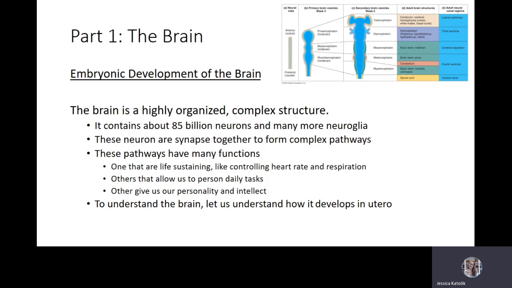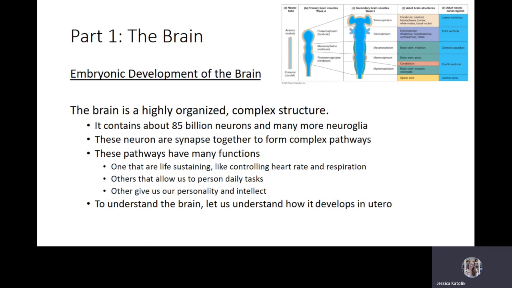And because of these complex neural integrations and pathways, we're able to do things such as control our heart rate, do daily tasks, ride a bike, talk, and even it helps develop our personality and our intellect. So the brain is such an amazing organ.